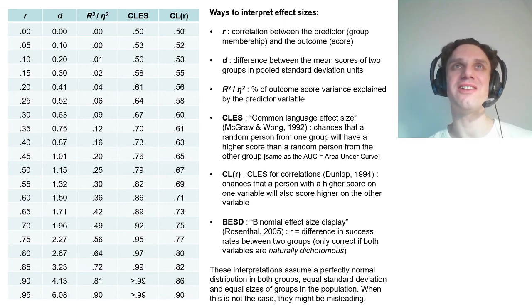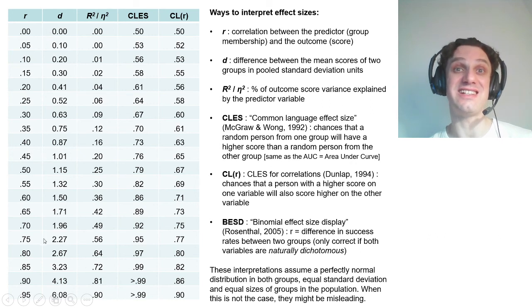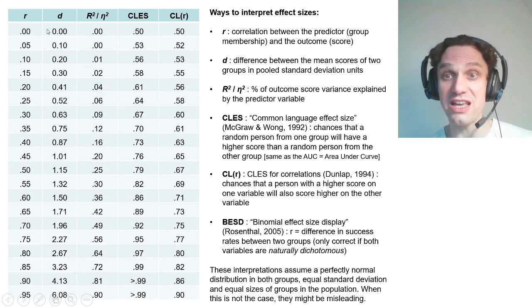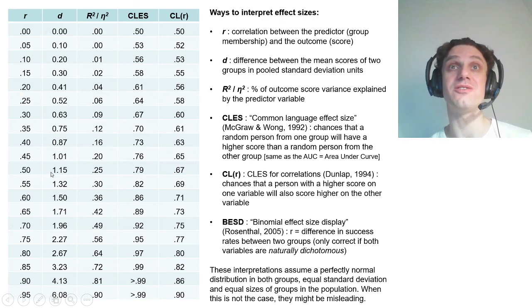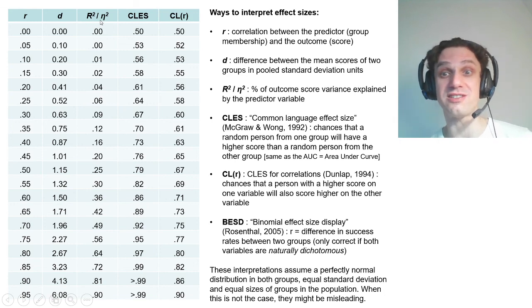And here, to blow your mind a little bit, I have prepared this table where for each value of correlation coefficient r from 0 to 1, I have calculated a corresponding value of Cohen's d. That is, if there were two groups, what would be the difference in standard deviations between those two groups? And I have also calculated a third measure of effect size, also very common in psychology, which is called R squared, or eta squared in the context of ANOVA.